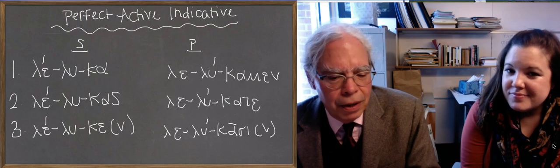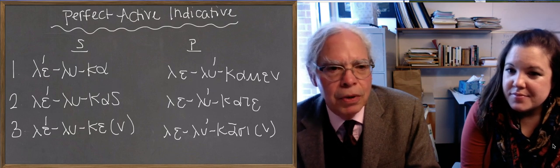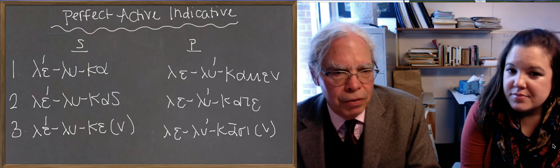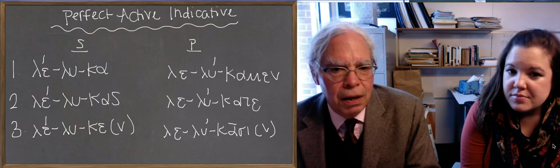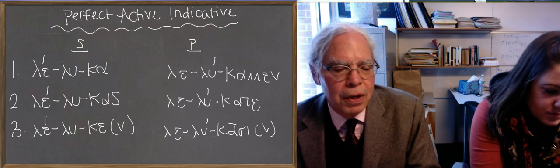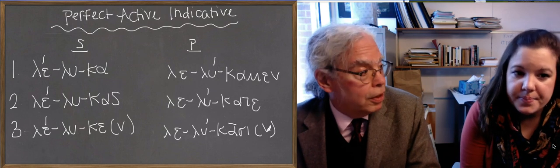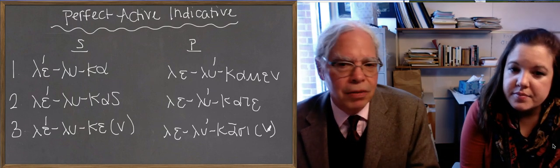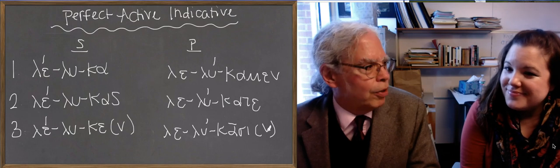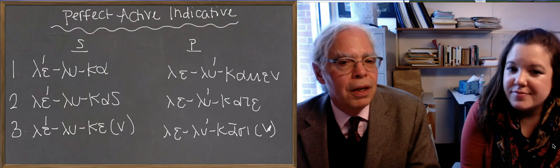But that becomes the perfect suffix for many Greek verbs, and then you have ka, kas, ke, kamen, kate, kasi as the personal endings of the singular and plural, the first, second, and third persons. It's a straightforward form and a very distinctive one, right? It's easy to recognize. It doesn't look like the aorist. It doesn't look like the forms of the imperfective aspect, the present and the imperfect.